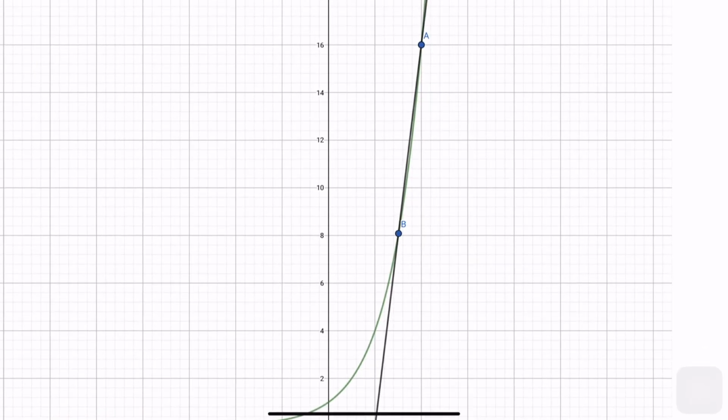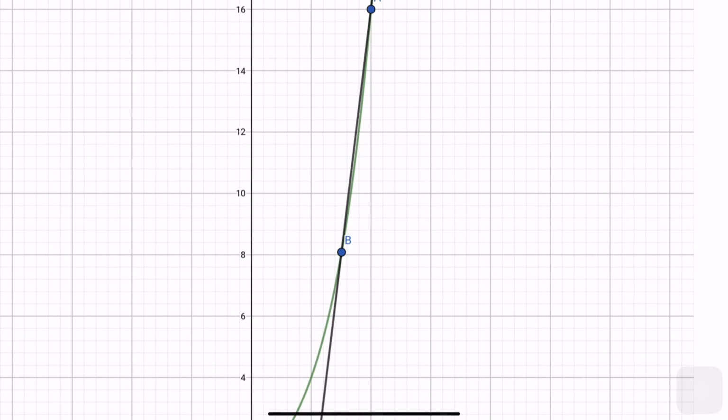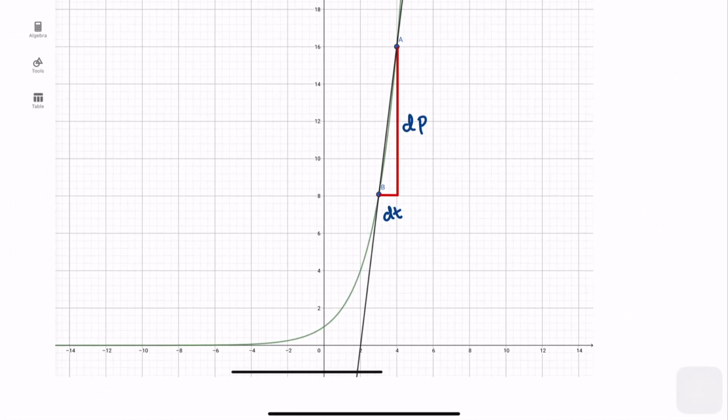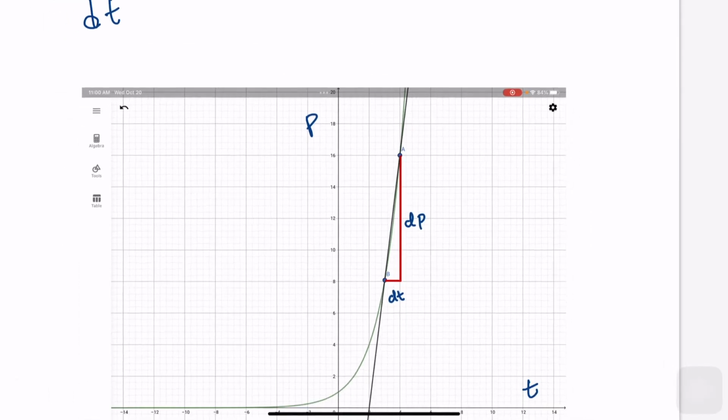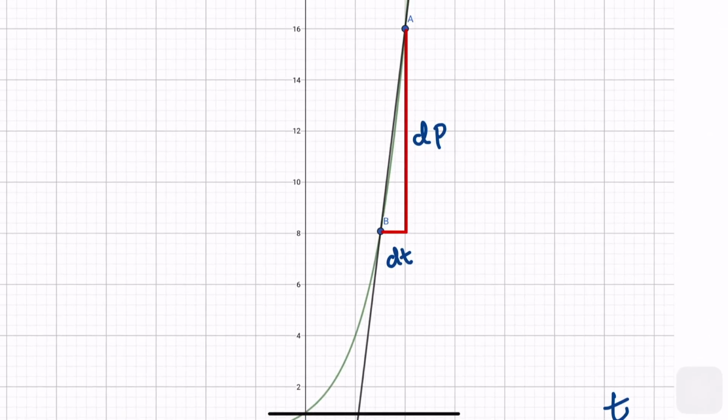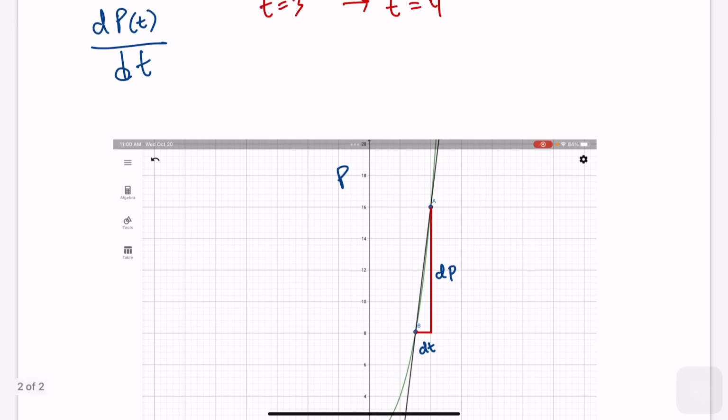Now we are looking from t equals 3 to t equals 4, and we can imagine using our rate of change definition in limit, if you remember. So we will have this triangle here. This means the population here, and this will be the time.